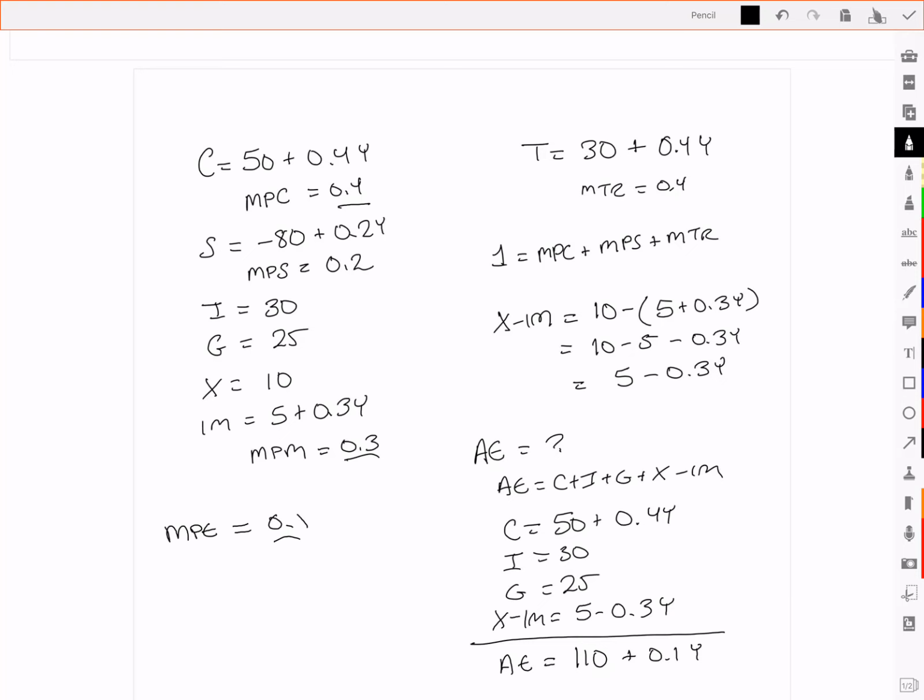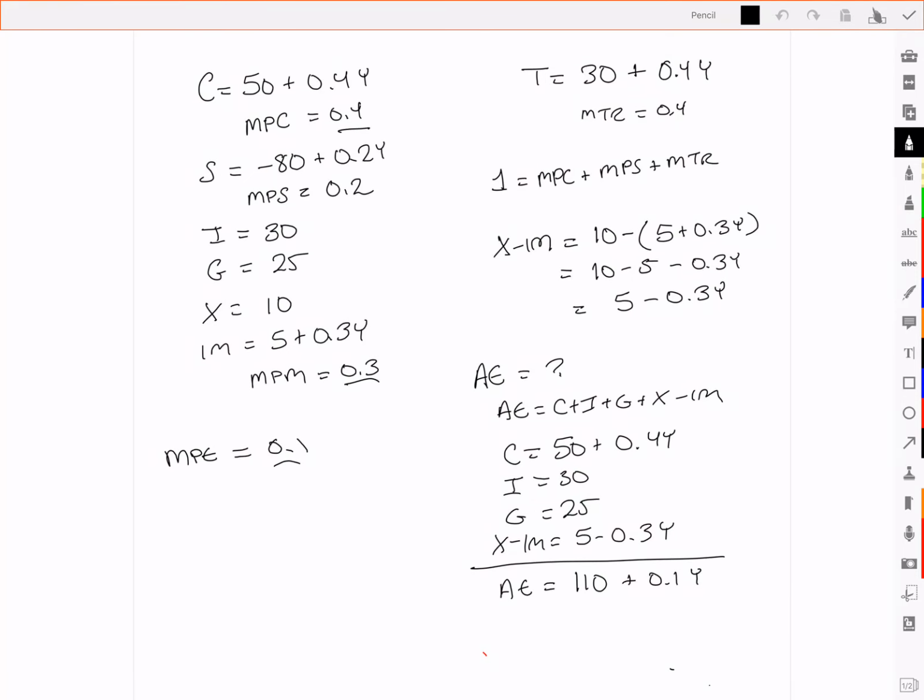All right, let's look at what if income was equal to 150? If income was equal to 150, what is happening with the balance of trade, X minus IM? Well, we can plug that y into this formula. And we do our order of operations, so multiply the 0.3 and the 150.